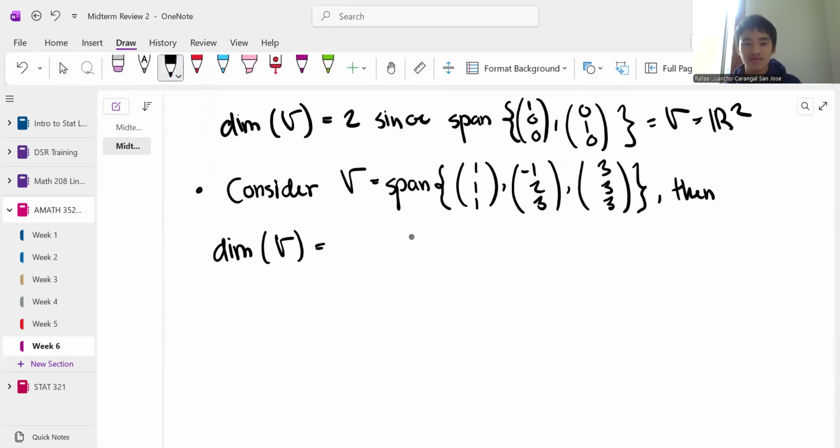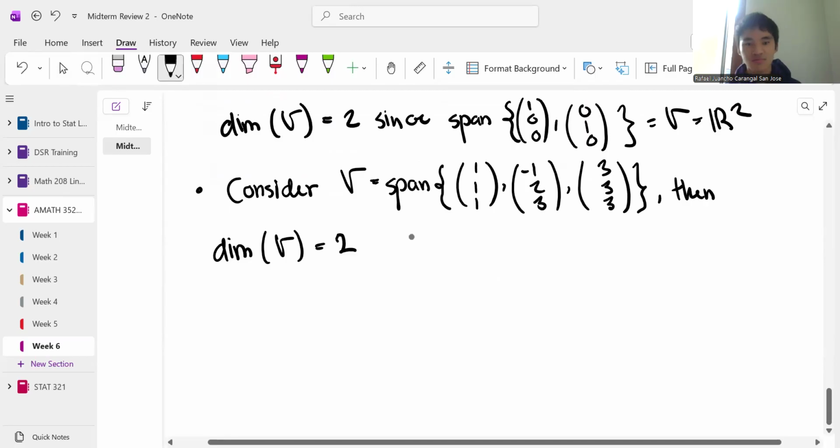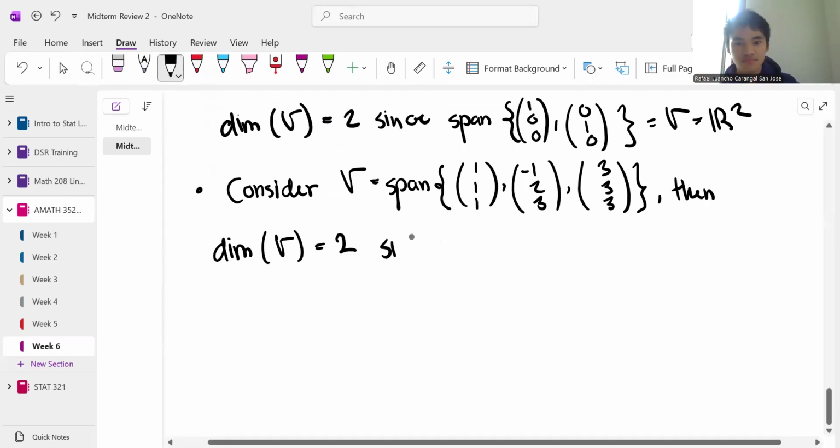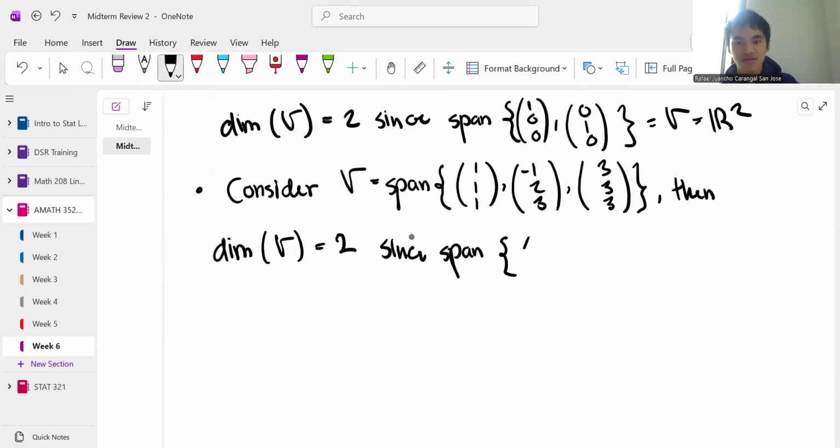If they span a line, R2, the number of linearly independent vectors, the number of pivots in every column, is also 2. So the dimension is 2, right? So there's that way of checking.